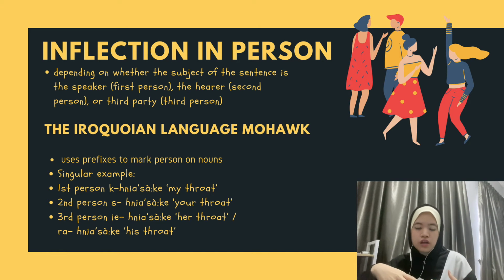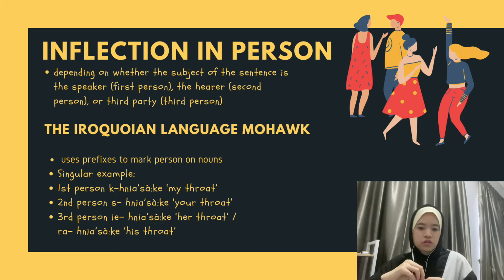For example, the Iroquoian language Mohawk uses prefixes to mark person on nouns. For the singular first person, it states my throat, for the second person, your throat, and for the third person, his throat.